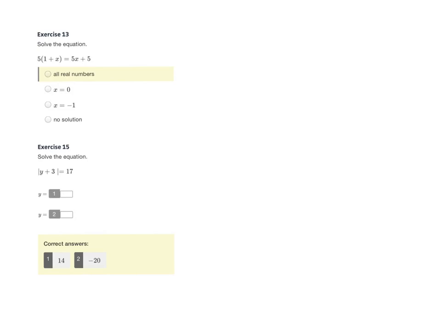15, I've got the absolute value of y plus 3 equals 17. So this is going to be y plus 3 equals 17. Our next equation is going to be y plus 3 equals negative 17.